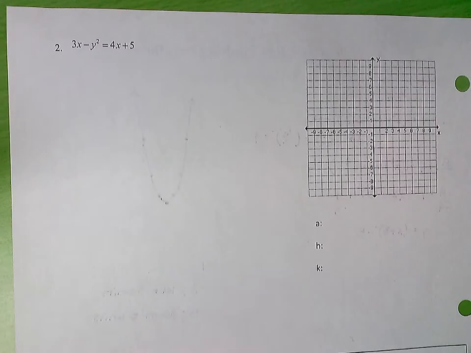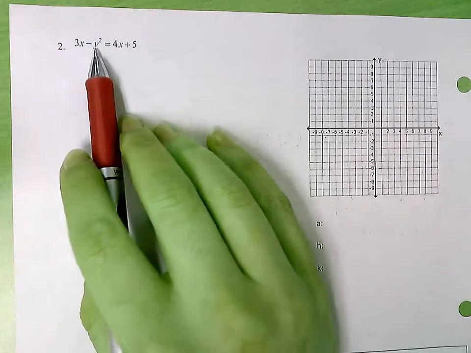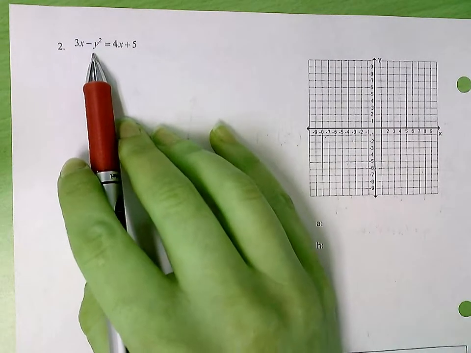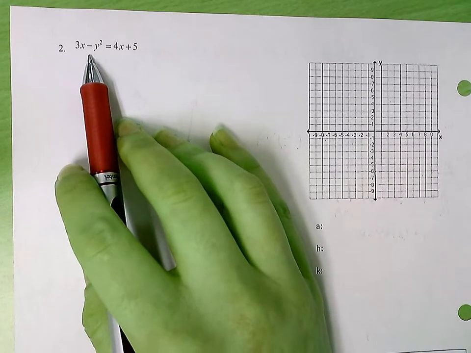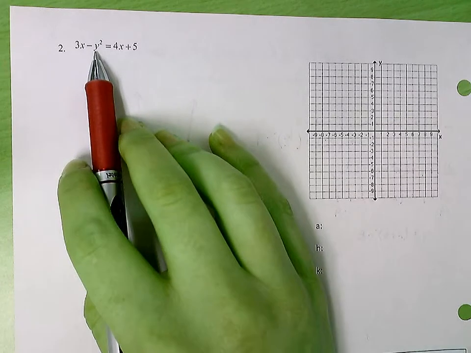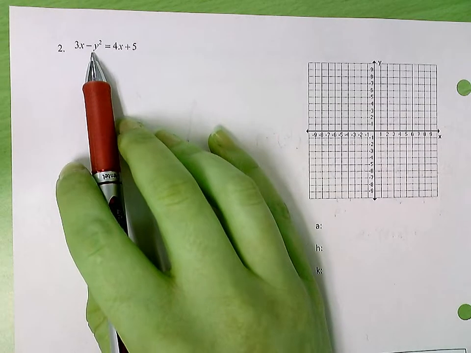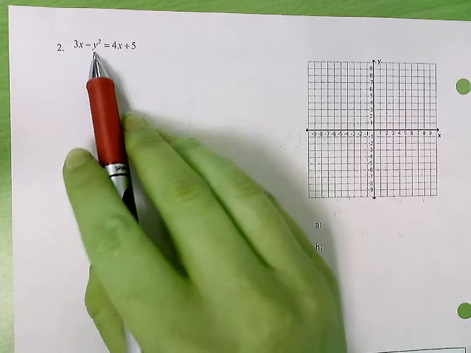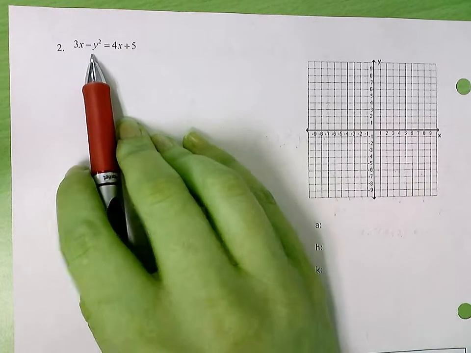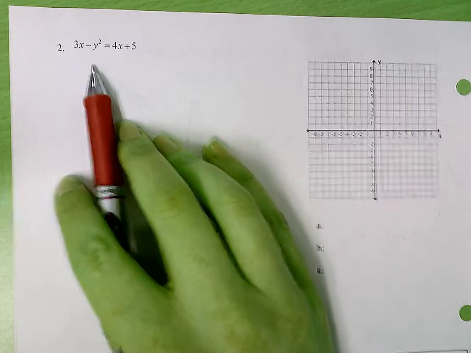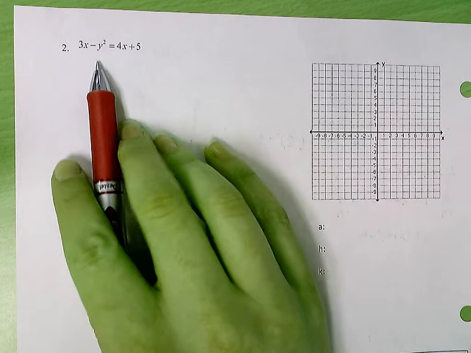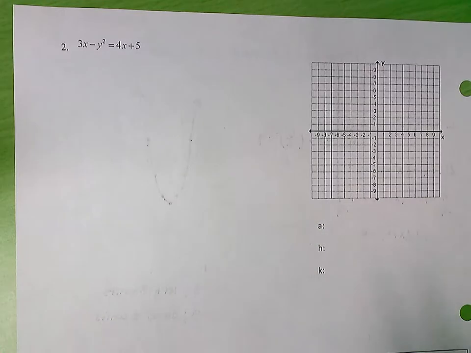All right. So our second one here. Now this one, we need to get our one variable on one side of our equation. Okay? So here, since y is squared, we're not going to write this in the form y equals. It'll be in the form x equals. So we want all of our x's on one side of the equation and all of our y's on the other.